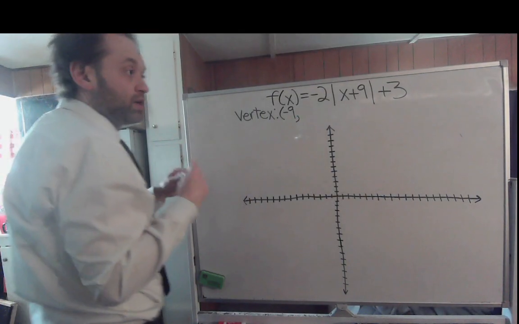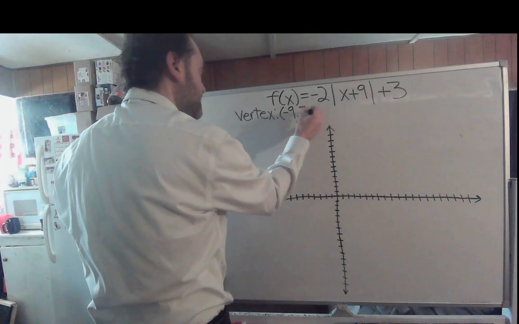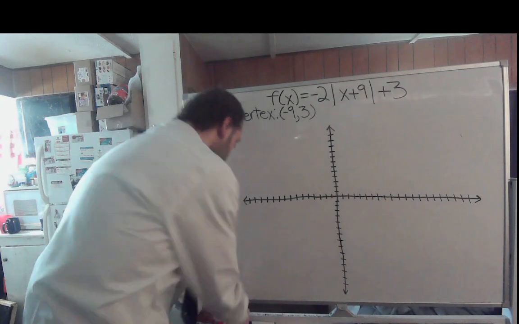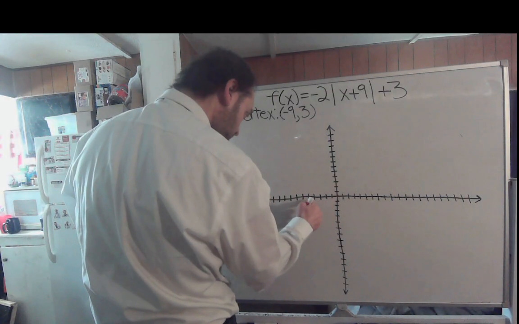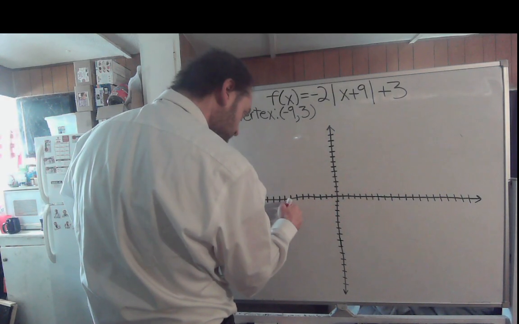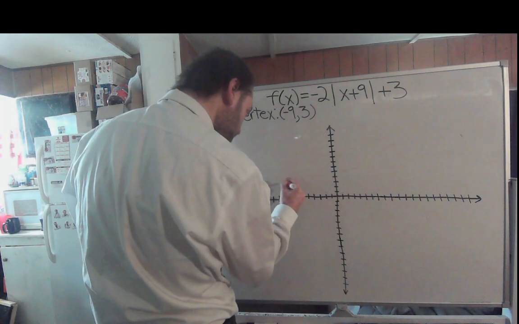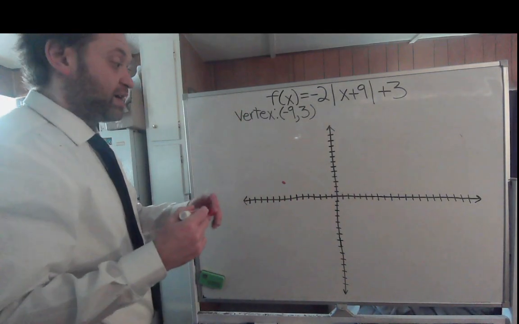The y coordinate of the vertex, just take your k value of 3, so the vertex will be at negative 9, 3. So let's plot negative 9, 3. So there's my vertex at negative 9, 3.